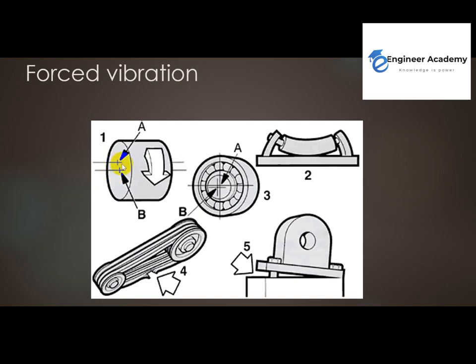You know what unbalance is? Unbalance means the geometrical center line is different from the CG or gravity center line, which makes a centrifugal force due to the rotation of the cylindrical object, and this centrifugal force makes an external force, which causes the vibration.